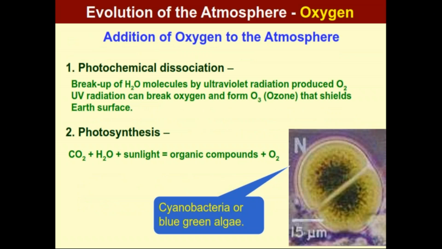During this evolution of the atmosphere, because a number of gases are there, H2O breaks into two, or we can say that during the sun's radiation, the ultraviolet radiation promotes the breaking of the H2O molecule, producing ozone.